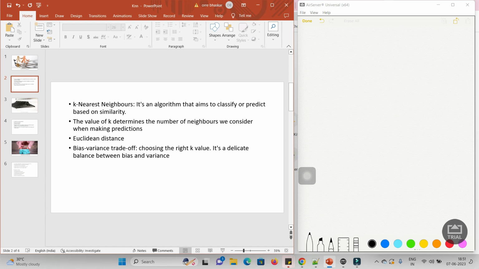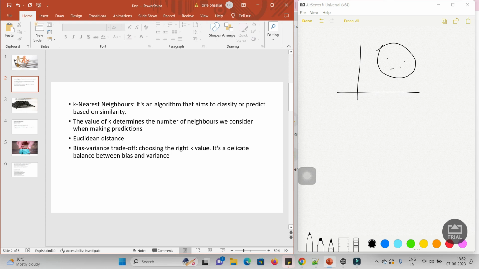So what does it mean? It means that in KNN, we are not making any strong assumptions. Simply we are calculating the points based upon the data points, based upon the local neighborhood. Variance. Variance represents the sensitivity of the model to the fluctuations in the training data. High variance means the model predictions can vary significantly with different training datasets.